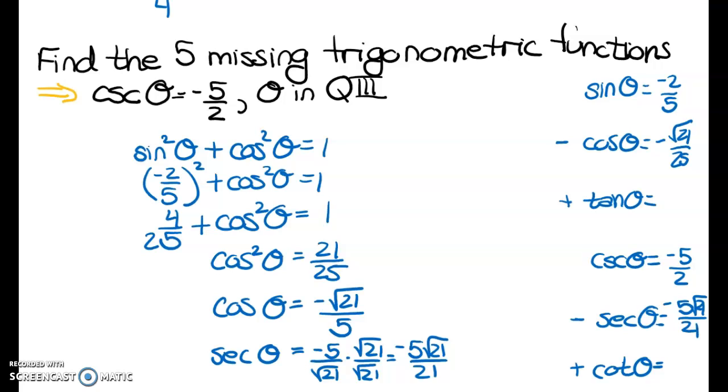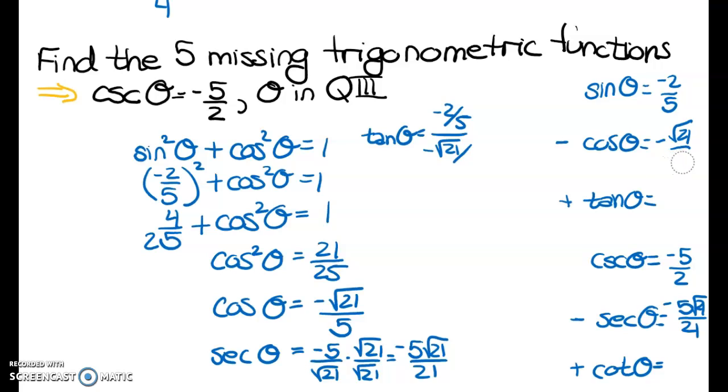And now also I have to find tangent and cotangent. So tangent and cotangent, remember, are just quotients of sine and cosine. So let's find tangent. Tangent is going to be negative 2/5 over negative radical 21 over, oh, this is supposed to be a 5.